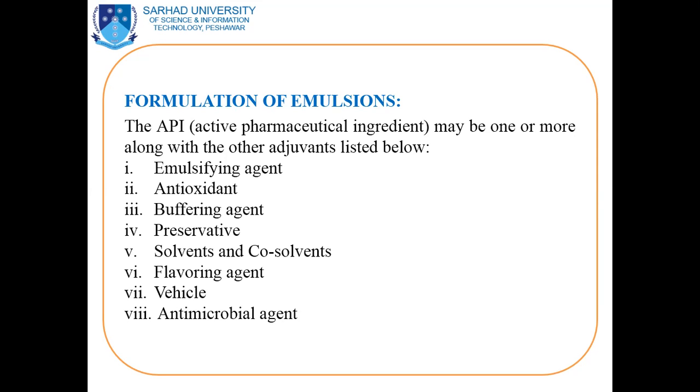But why are we going to formulate pharmaceutical emulsion? The answer behind the logic is that the first reason is that there are several drugs having unpleasant taste and odor, like castor oil or cod liver oil, which are examples of such compounds.